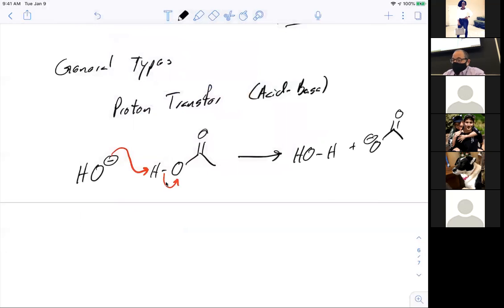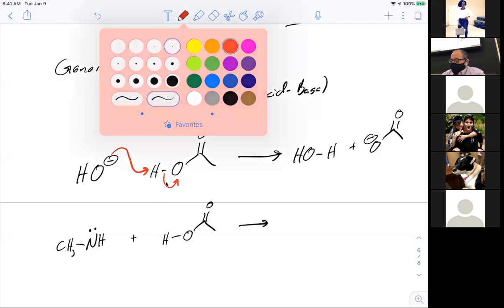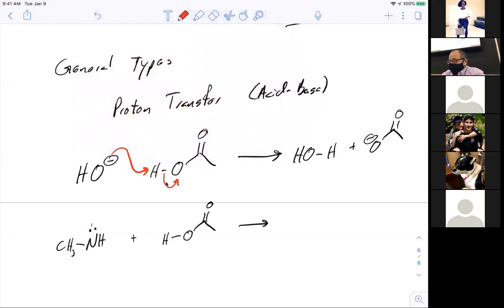One that occurs a lot in a biological system. Here it's not a negative, it's an amine.